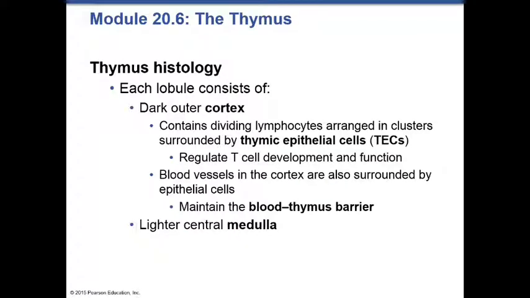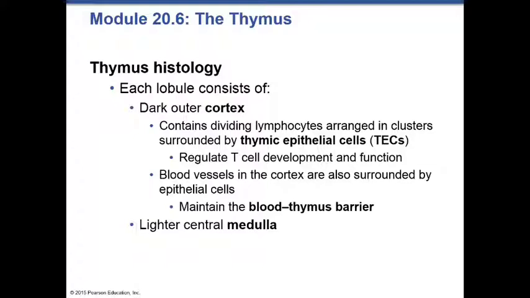If we then take a look at each lobule, you'll see that there's an outer dark cortex. This is where the lymphocytes, the T cells, are arranged in clusters surrounded by thymic epithelial cells. These TECs are very important in T cell development, and they are some of those thymic education cells.